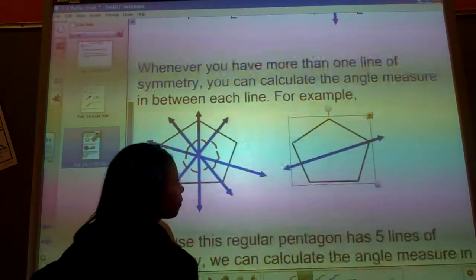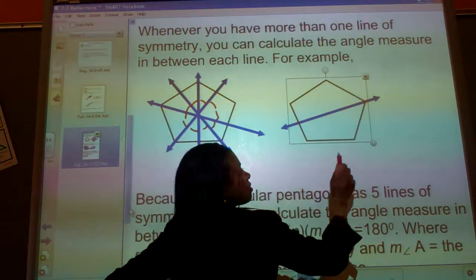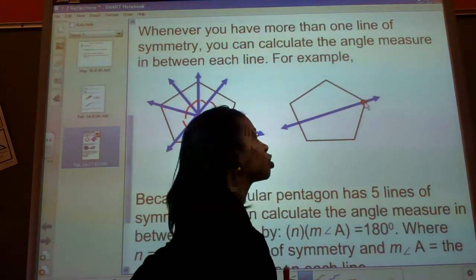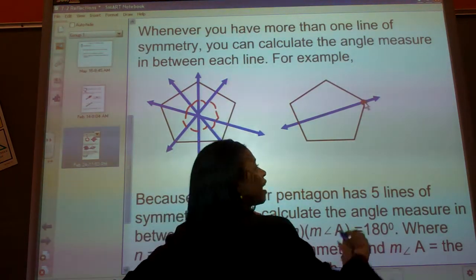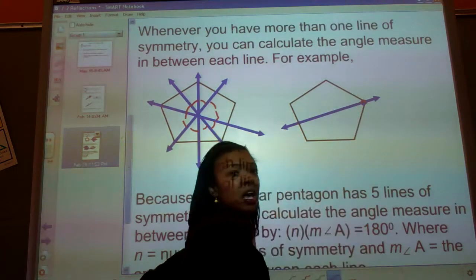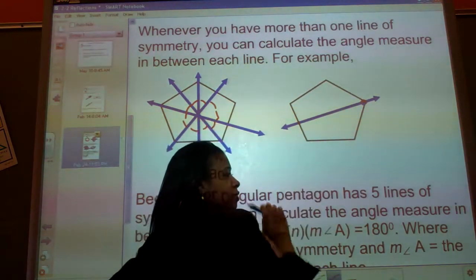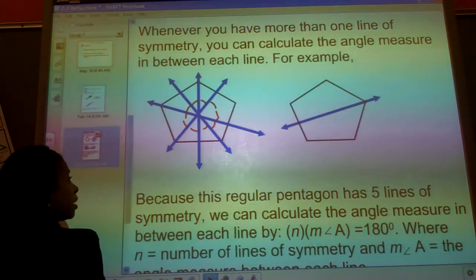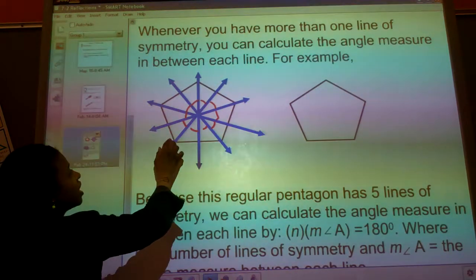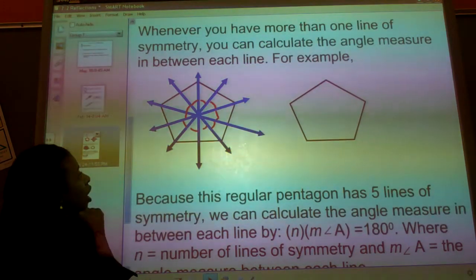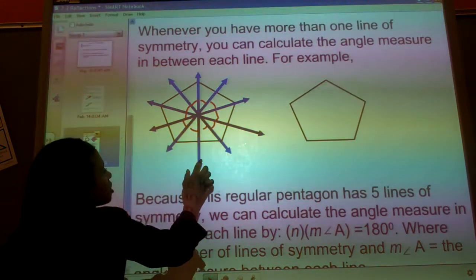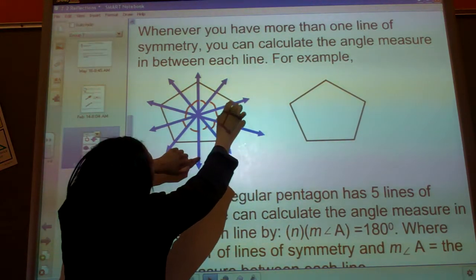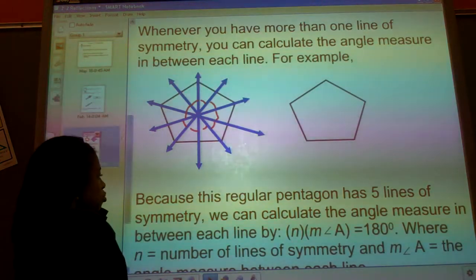So for example, if this is my line of symmetry, let's say I'm drawing this point. Where is its twin? Well, its twin is actually in the same place because the point is on the line of symmetry. Okay? So backing up just a bit, we can see that this particular shape has several different lines of symmetry. And I see 1, 2, 3, 4, 5 lines of symmetry here.